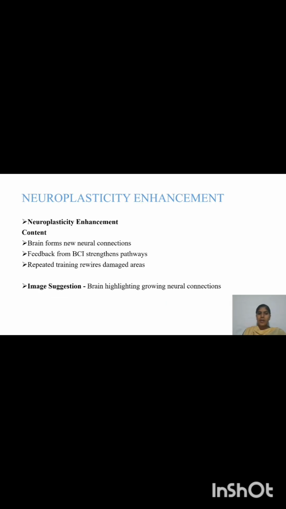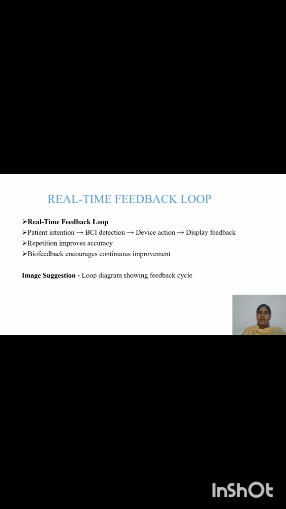Neuroplasticity enhancement. These types of BCI also enhance neuroplasticity. The brain forms new neural connections. Feedback from the BCI strengthens the pathway. Repeated training rewires the damaged area. Image suggestion: brain highlighting growing neural connections.